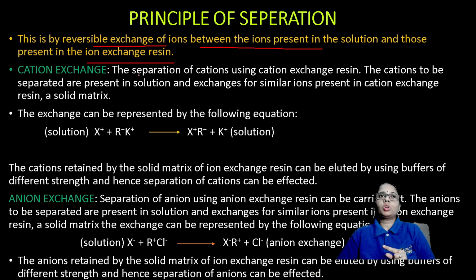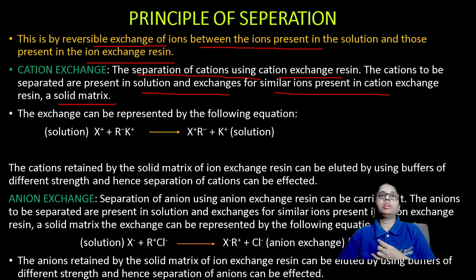Cation exchange means the separation of cations using a cation exchange resin. The cation exchange resin contains negatively charged particles. The cations to be separated are present in the solution and are exchanged for similar ions present in the cation exchange resin, which is a solid matrix.